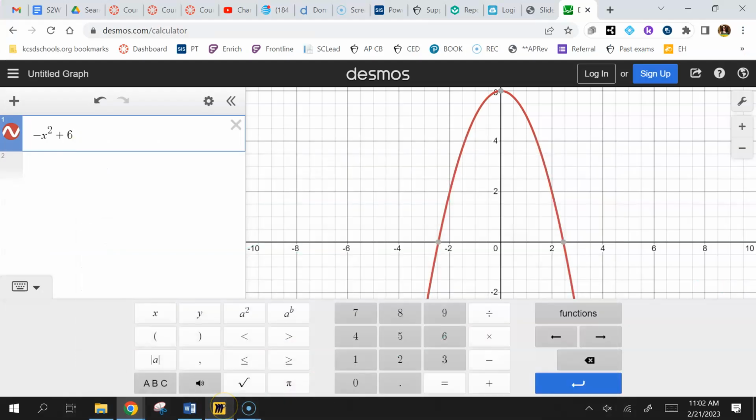Plus 2. Then I want to say, I think I do comma. I have to remember how to do this now.